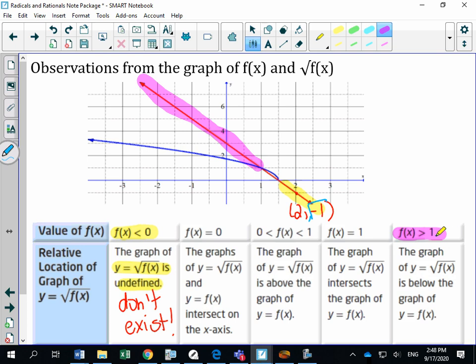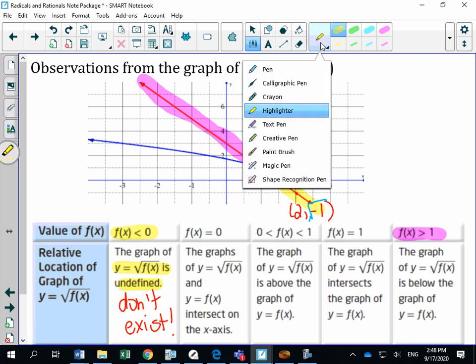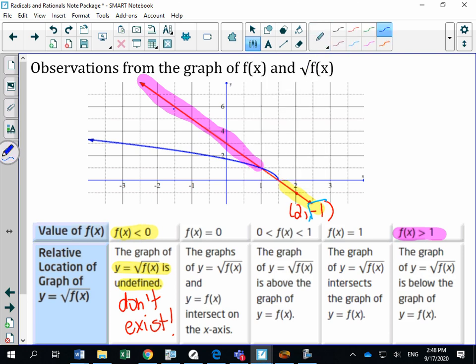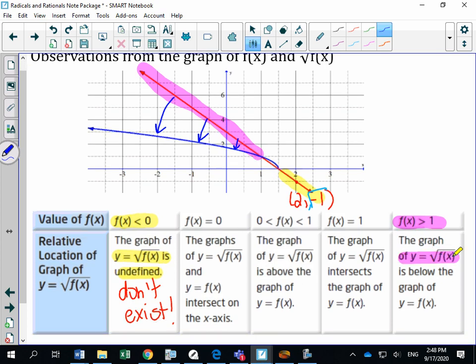And they want to know, well, what happens to the points when y is greater than 1 on your transformed graph? Hopefully you see that that is going to correspond to these points. So on my transformed graph, on my radical graph, they are going to be below, right? So this was the graph of my original, and when I transform those and I take the square root of the y values, the radical graph is going to be below.